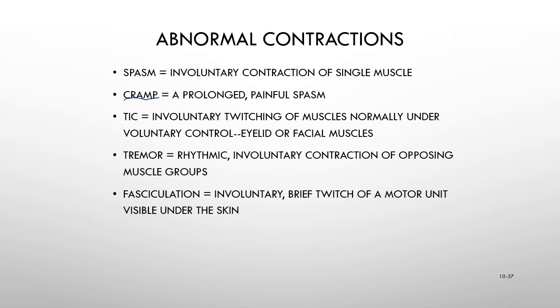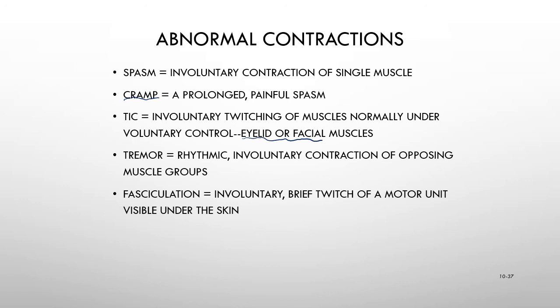Tics occur repeatedly, and so this is where the muscle is contracting, relaxing, contracting, relaxing. This is oftentimes seen with muscles that are the facial muscles or those around the eyelid, especially if we're tired. We may see tics start to develop.